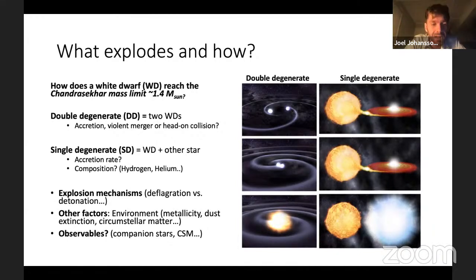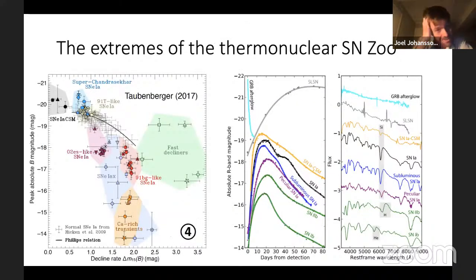And as always in nature, both these scenarios are possible, so probably there's a mixture of both happening, but somehow they seem to lead to a very narrow range of luminosities of the exploding star. Okay, so this is a bit messy, but that's just the way it is.